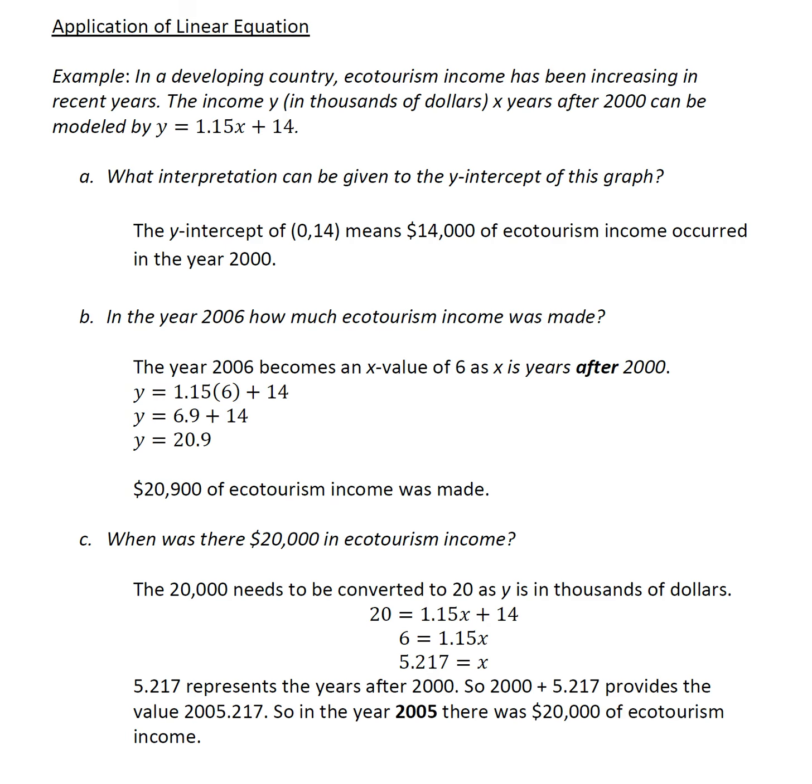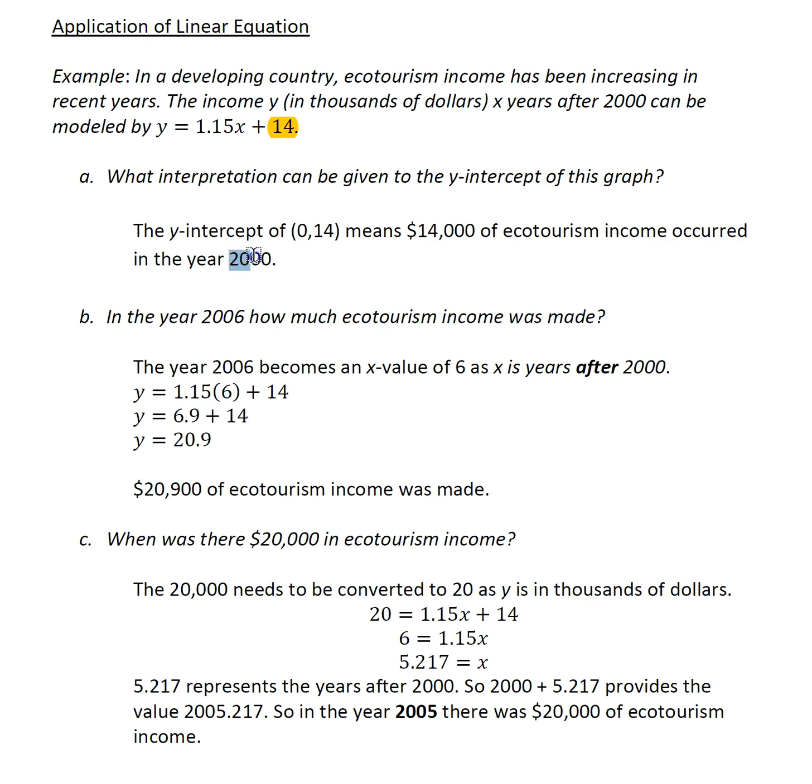Part A, what interpretation can be given to the y-intercept of this graph? So the y-intercept is the 14 at the end. The y-intercept of (0, 14), remember the y-intercept is a point on the y-axis, and so that x value is 0. It means there's $14,000 of ecotourism income that occurred in the year 2000.